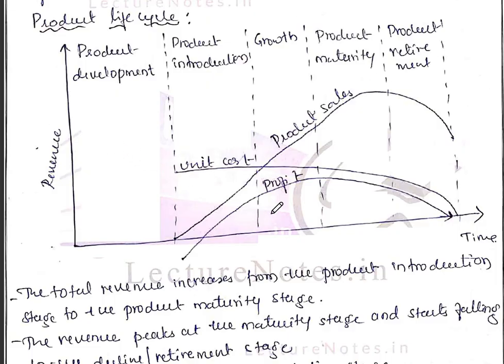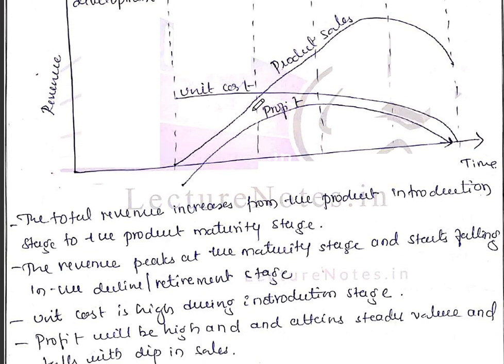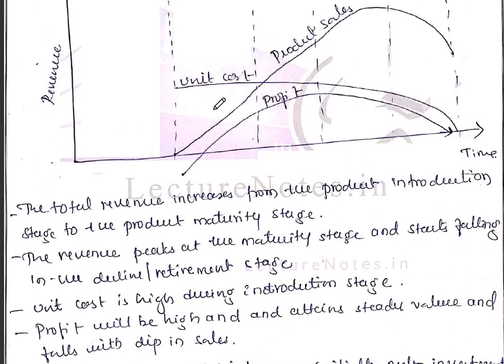And the graph is plotted by taking the x and y axis to be time and revenue. You have to plot the profit, per unit cost as well as the product sale. Initially, the product is developed and therefore there is no income, unit cost, profit or product sales, therefore it is empty.